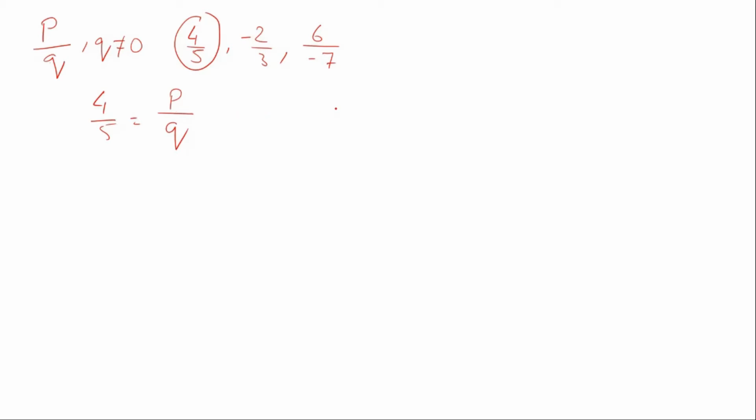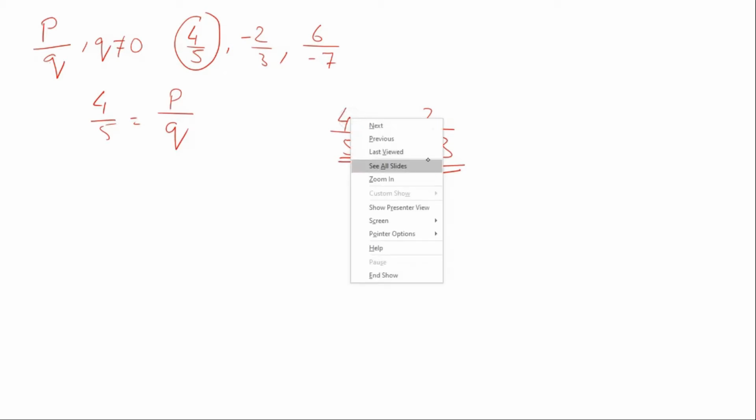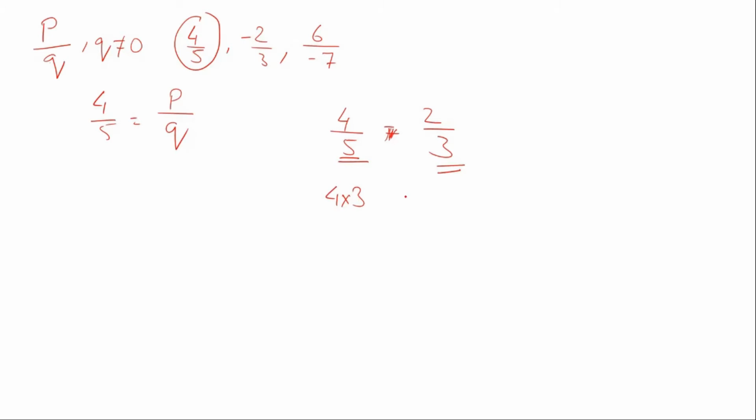Suppose we are having two rational numbers, 4 by 5 and 2 by 3. How will we find out whether these two rational numbers are the same, or you can say equivalent? The best way to find out is to multiply the denominator of the first one with the numerator of the second one, like 4 into 3, and in the same way multiply the denominator of the first one with the numerator of the second one.